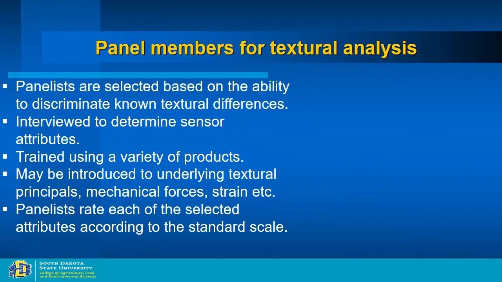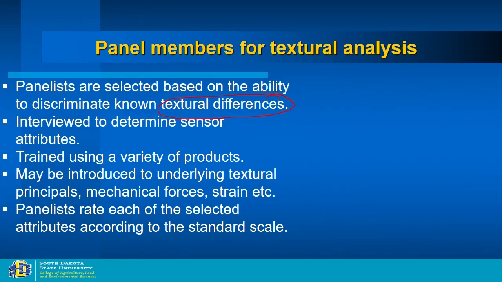For textural analysis, panelists are selected based on the ability to discriminate known textural differences, meaning that if I tell them to evaluate springiness, hardness, fracture, gumminess, cohesiveness, resilience, I need to make sure these panel members know what we are talking about.